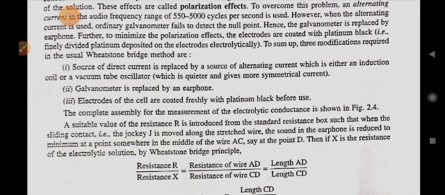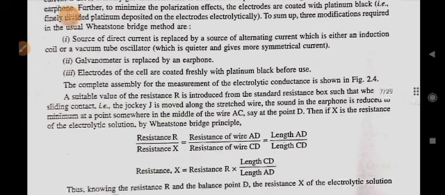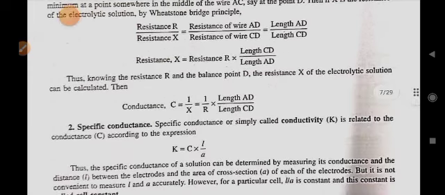The complete assembly for the measurement of the electrolytic conductance is as follows. A suitable value of the resistance R is introduced from the standard resistance box, such that when the sliding contact, that is the jockey J, is moved along the stretched wire, the sound in the earphone is reduced to a minimum at a point somewhere in the middle of the wire AC, say at the point D. Then, if X is the resistance of the electrolytic solution, by the Wheatstone bridge principle, R by X is equal to the resistance of wire AD upon the resistance of wire CD, which is equal to length AD by length CD.